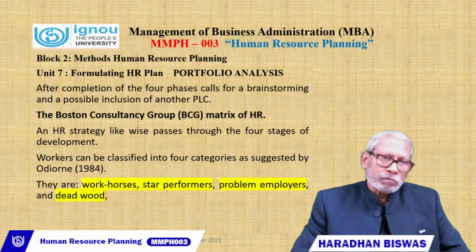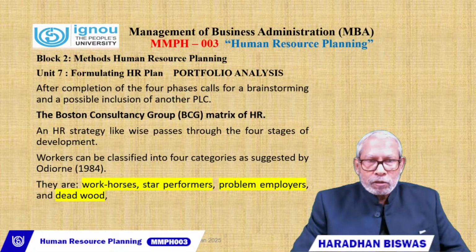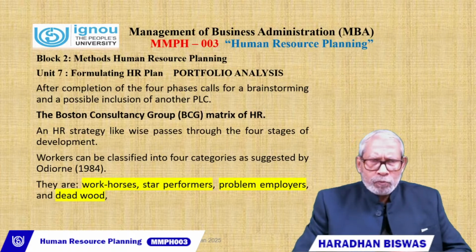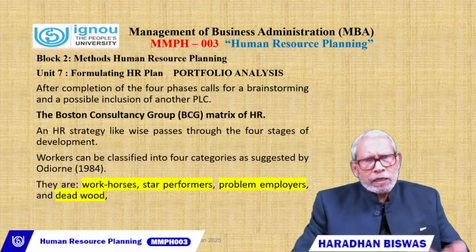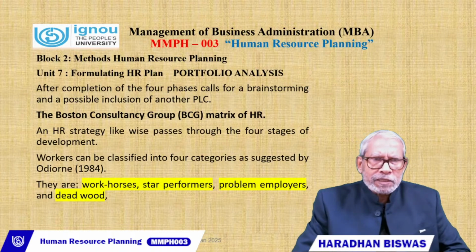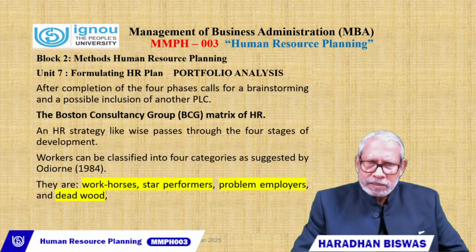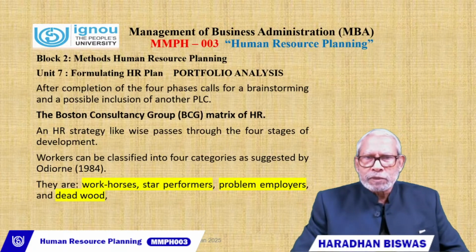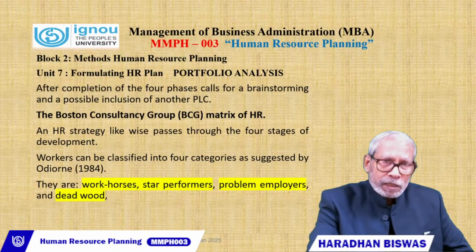They are workhorse, star performers, problem employees, and day-to-day. Earlier there were different names, which I have to tell you. This is basically the BCG matrix process, where we can consider the 4 phases: workhorse, star performer, problem employees, and day-to-day. This is the way to segregate it.